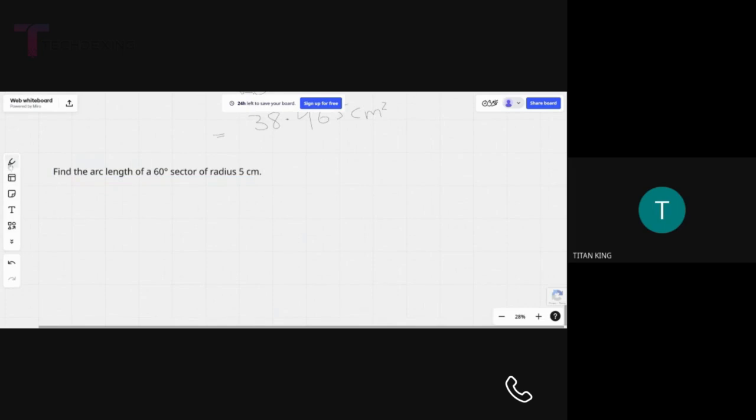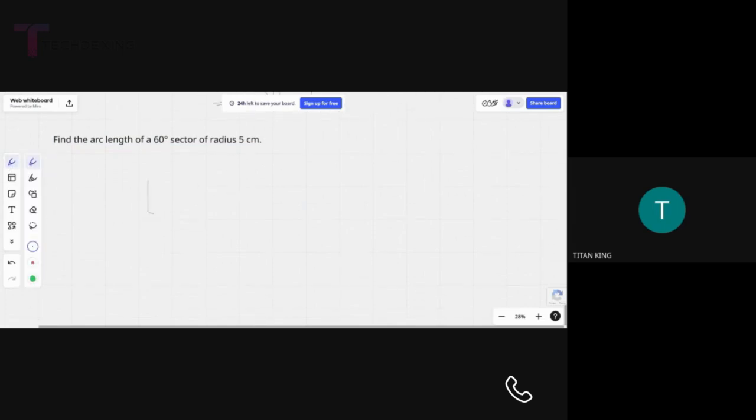Theta over 360 times 2 pi r. Yes, it was theta divided by 360 degrees multiplied by 2 pi r. Now just put in the values. Theta will come over here, radius will come over here, and then calculate it.